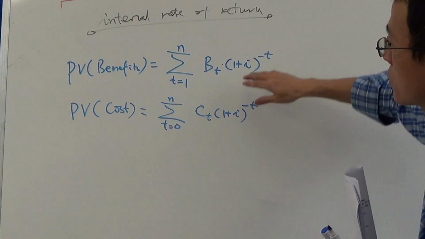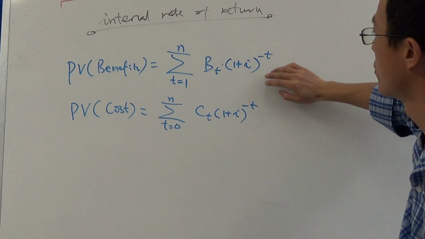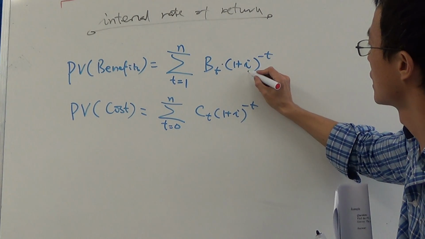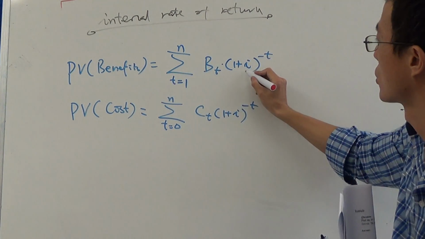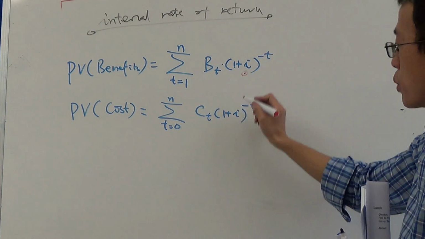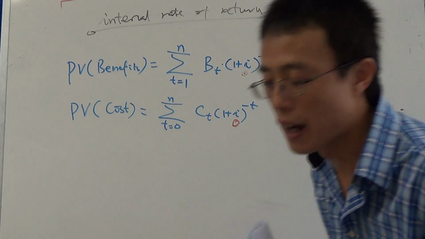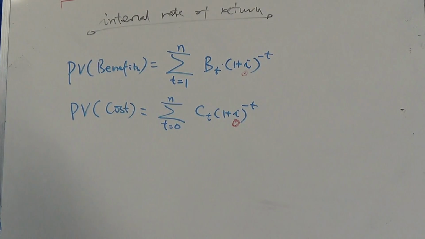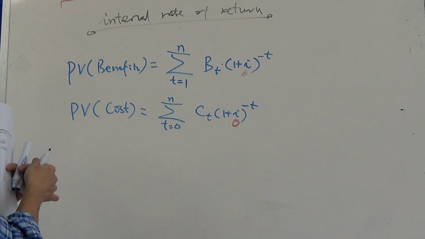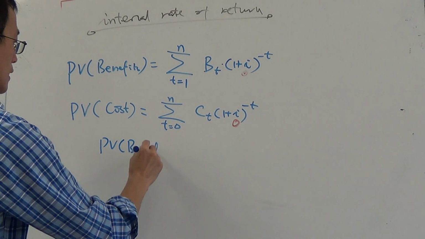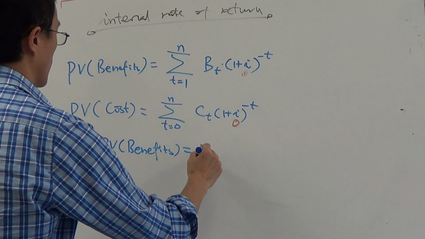So clearly, it's not surprising that the present value of benefit should depend on I. Present value of cost should also depend on I as well. So in principle, there exists at least one I such that present value of benefit is equal to present value of cost.